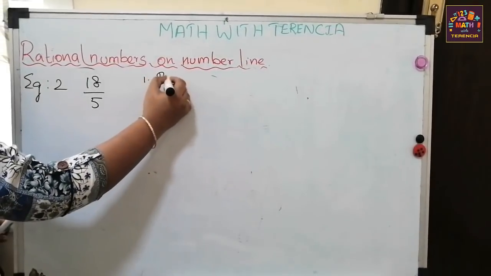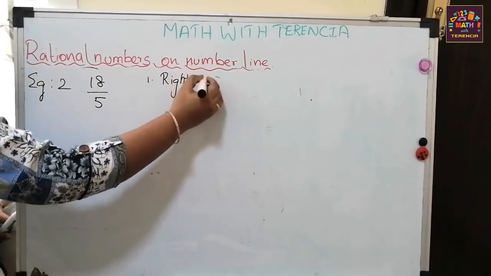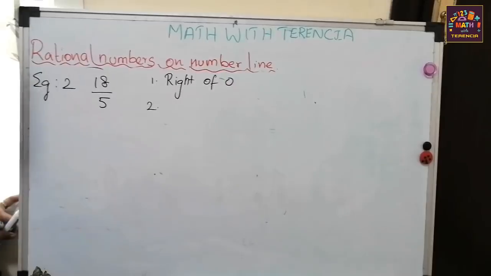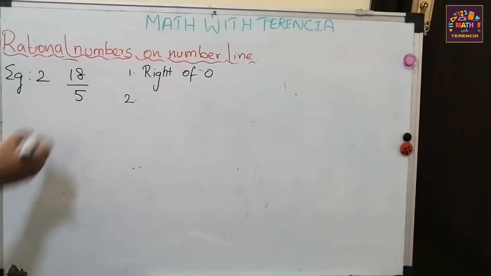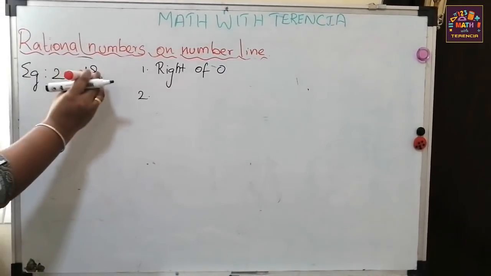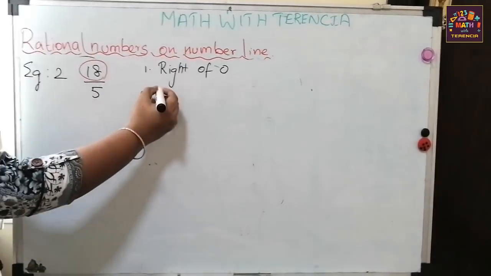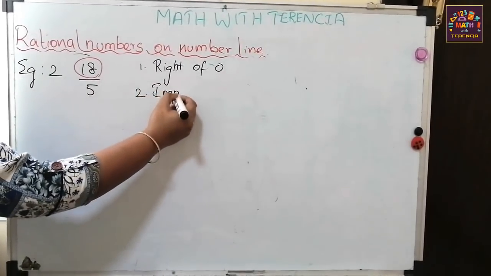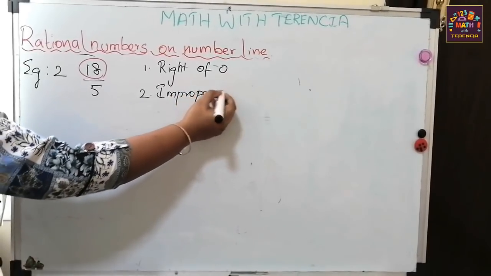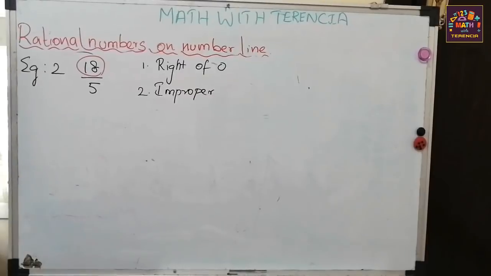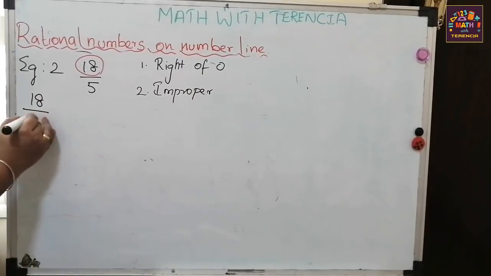So my number will be on the right side of 0. And question number 2, check what type of fraction it is. Here the numerator is bigger than the denominator, so it is an improper fraction. So I need to change this to a mixed fraction.